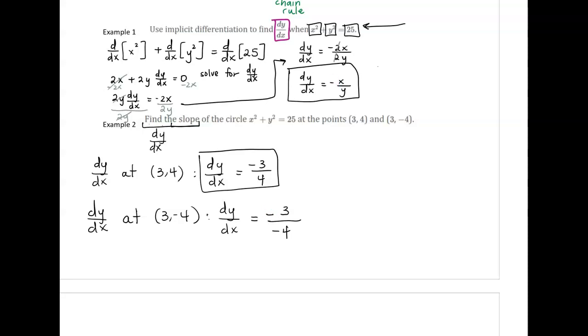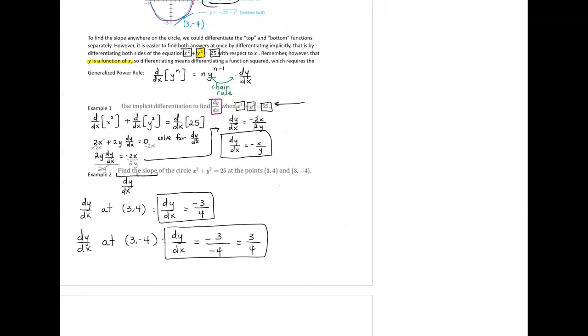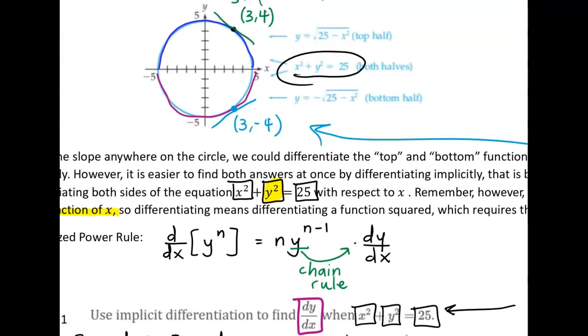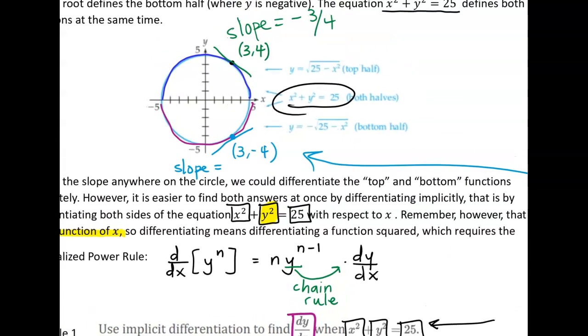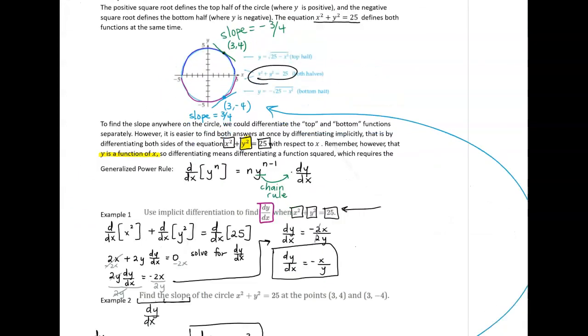So the two negatives cancel and leave us with a positive 3/4. So what that means is that at the point (3, negative 4), which was this point down there, the slope of that line is a positive 3 over 4.